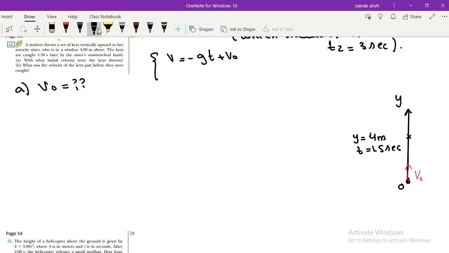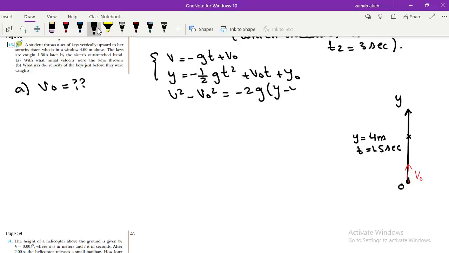The second formula is y equals minus half g t squared plus v0 t plus y0. The third important formula is v squared minus v0 squared equals minus 2g (y minus y0).